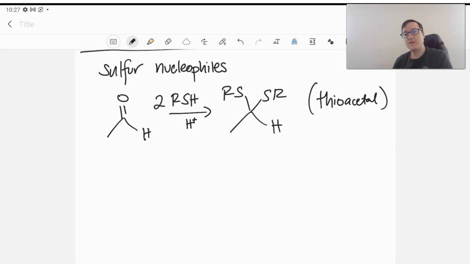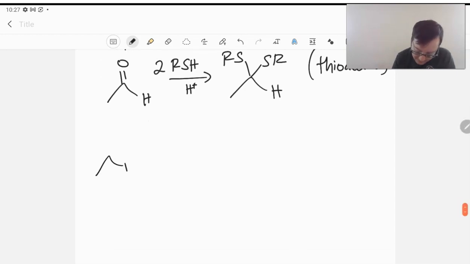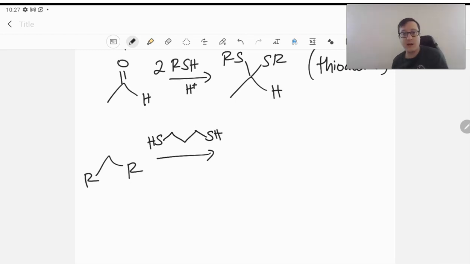But what's special about these thioacetals and thioketals is they do a couple of interesting things. First off, when we treat a particular aldehyde or ketone, let's go ahead and just put some R groups here, with 1,3-dithiopropane, I guess we'll need a carbonyl, don't we?